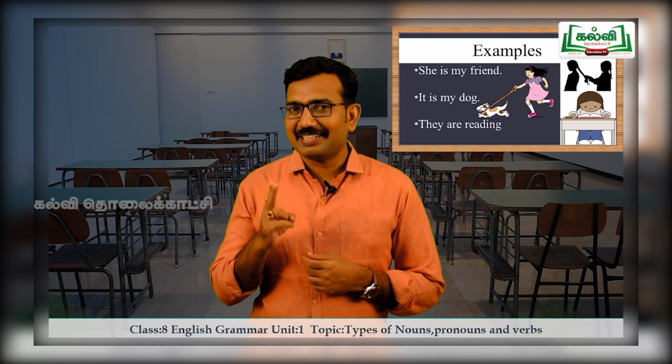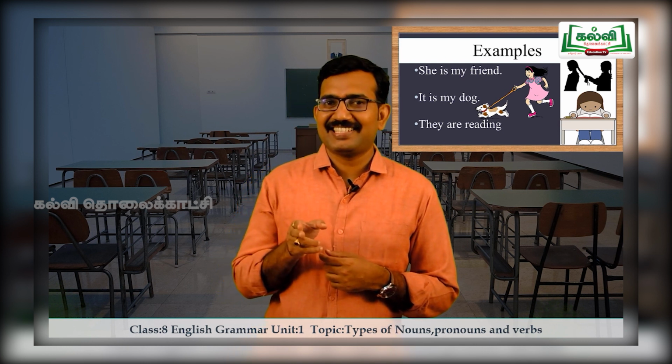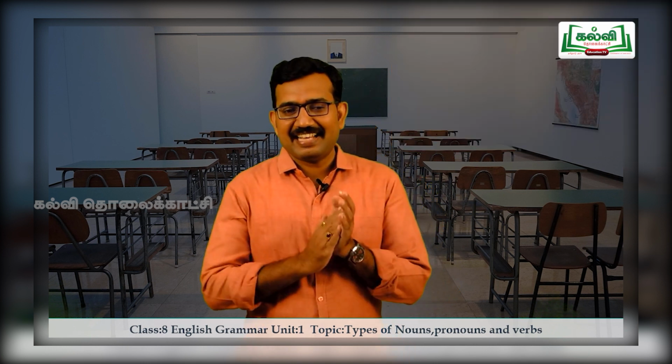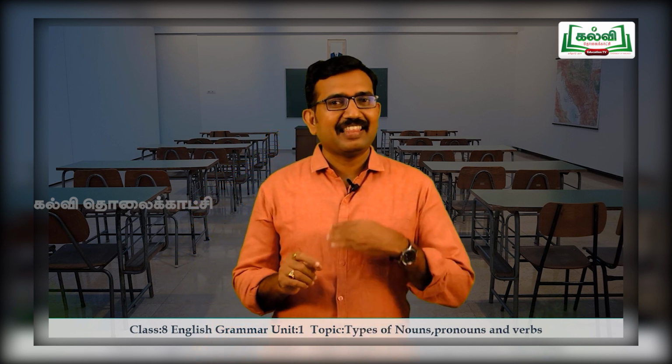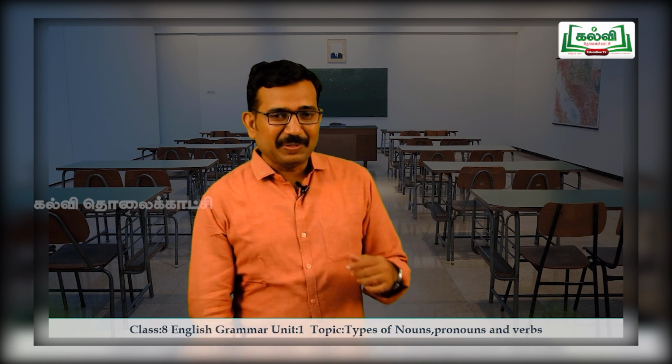The second subject pronoun is it. Yes, you got it. Let's check the third sentence. They are reading. The third subject pronoun in the sentence is they. Yes, good. Next, we are moving on to object pronoun.